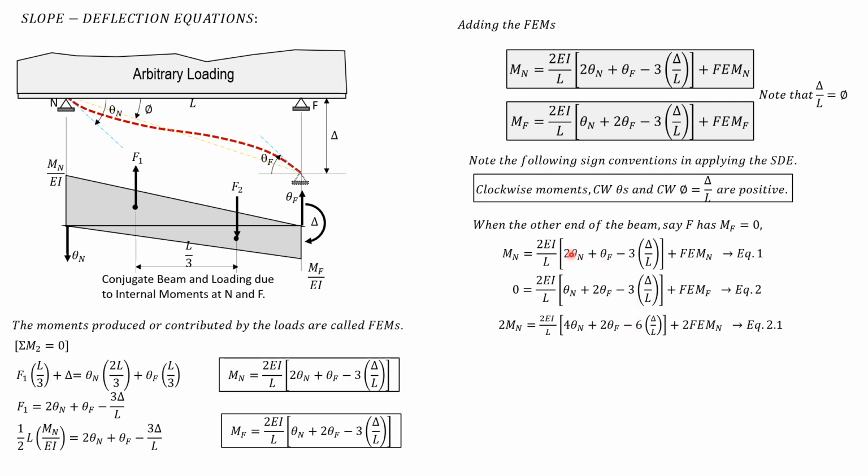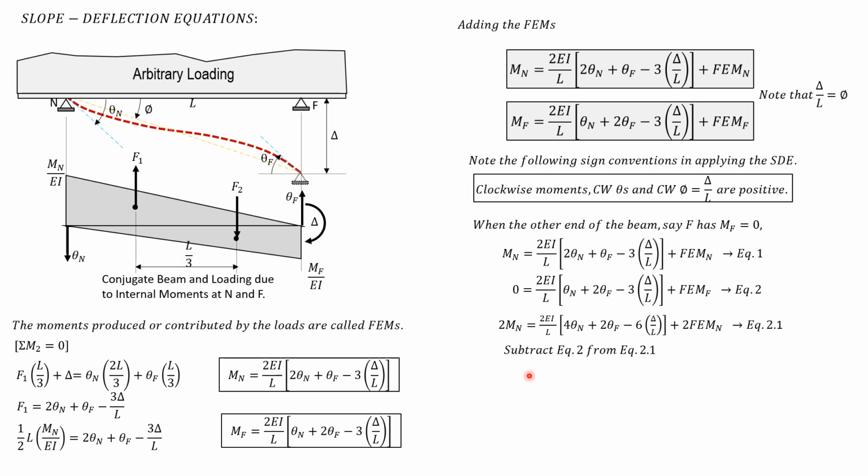So we have 4 theta n plus 2 theta f minus 6 delta over L, then plus 2 times fixed end moment near. Now we subtract equation 2 from this equation here.